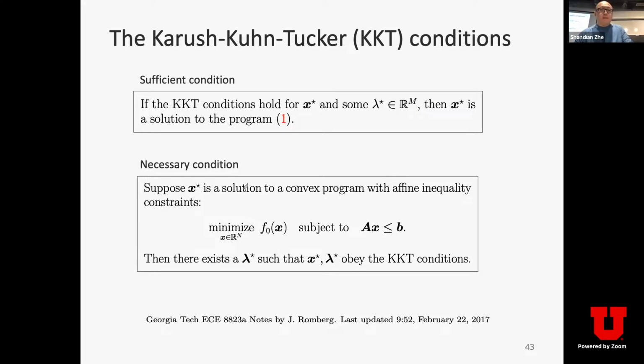More specifically, if you can find x star and lambda star which satisfy the KKT conditions, of course x star will be the solution. If x star is the solution itself, then you must have a corresponding lambda which satisfies the KKT conditions. So you can go from A to B and from B to A, and it forms a closed loop.